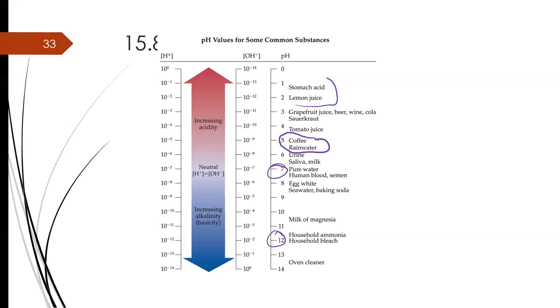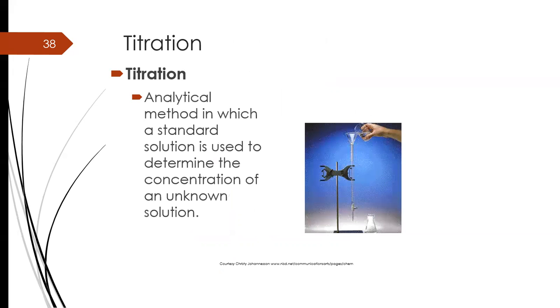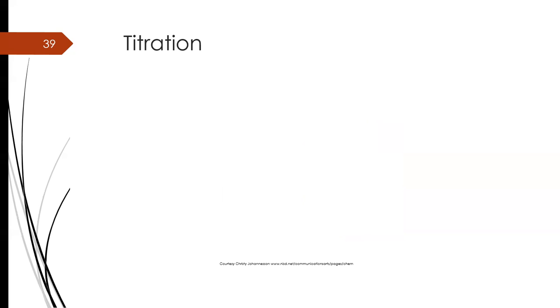Now, the reason why we want to talk about this is because we want to be able to do our titrations. Just remember that titrations are a common way for us to use a known solution to determine the concentration of an unknown solution.